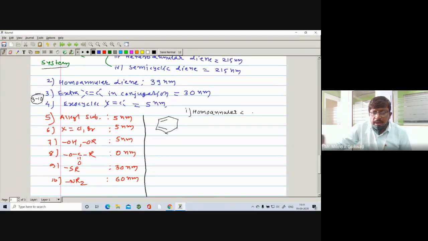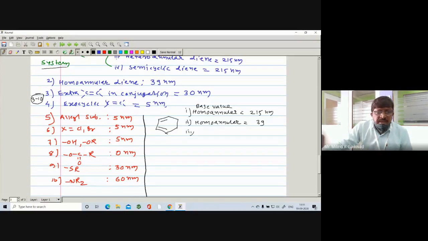So for homoannular diene, the basic value is 215 nanometer, right? Number 2, if it is an example of homoannular diene, you have to add an extra 39 nanometer, okay.